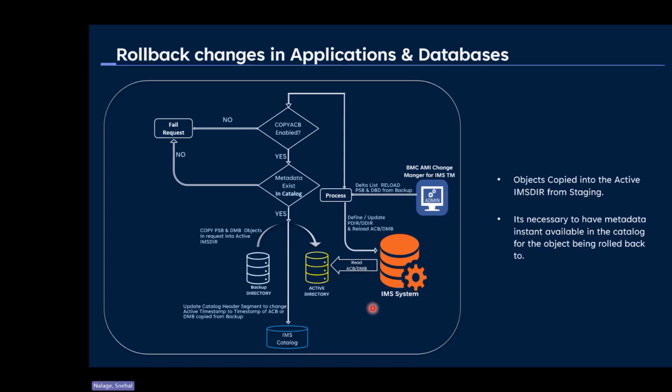So this is how the rollback feature works in Change Manager for IMS-TM. And that was what I had as an overview of IMS managed ACB support in Delta products. And now let's move on to the ArcCTL product.